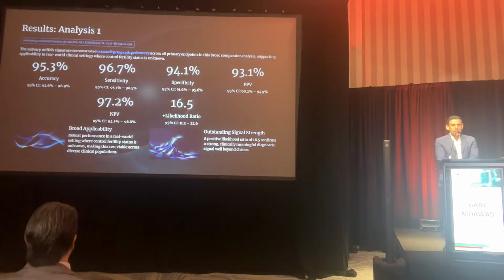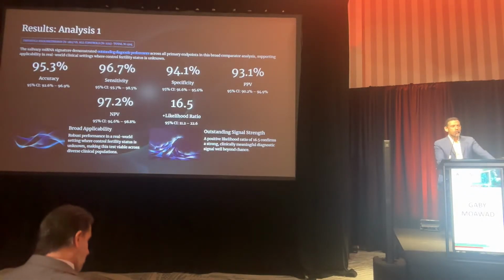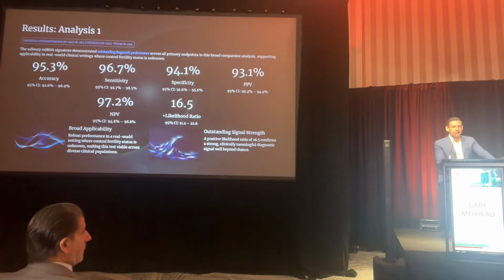So when we looked at the first subgroup analysis, we see that the test demonstrated outstanding diagnostic performance with an accuracy of 95.3%, sensitivity 96.7%, specificity in the 90s, and the likelihood ratio is 16 times more accurate than laparoscopy.